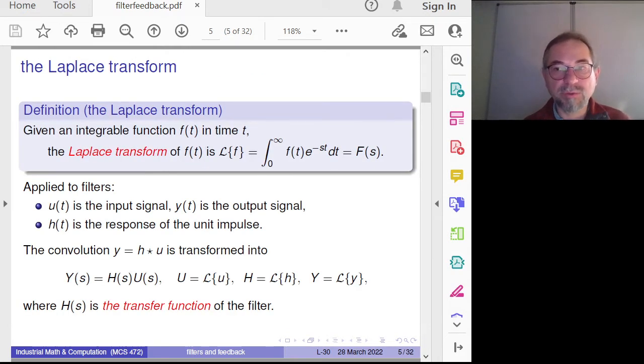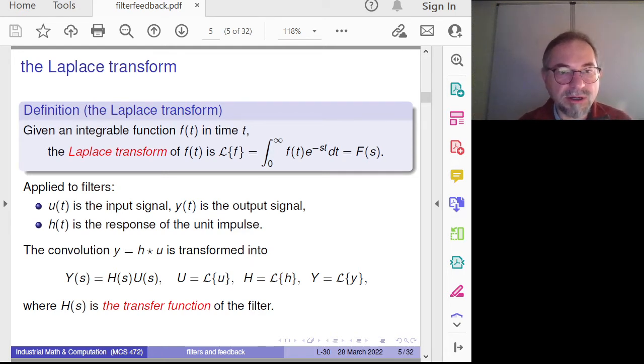Okay, then we design our filters and our feedback in the frequency domain. So with the Laplace transform, we take any function of time for which it makes sense to integrate, so it's integrable, and we compute the Laplace transform as the outcome of this integral.